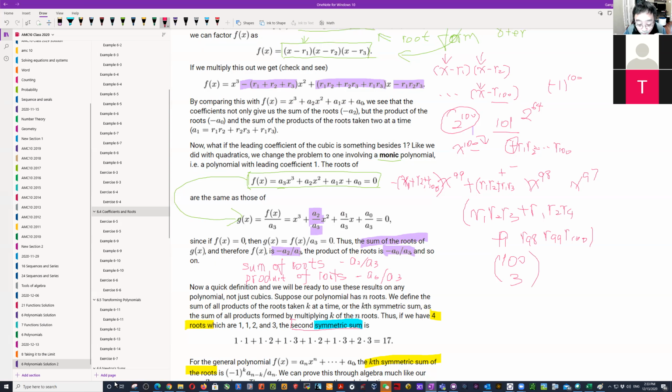So we actually have so many symmetric sums related to this.